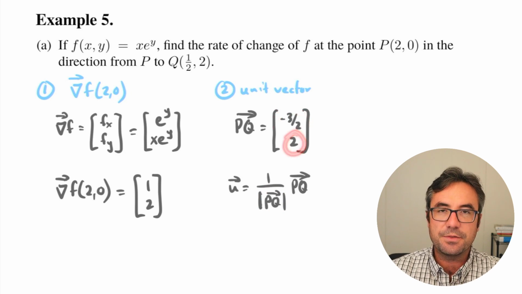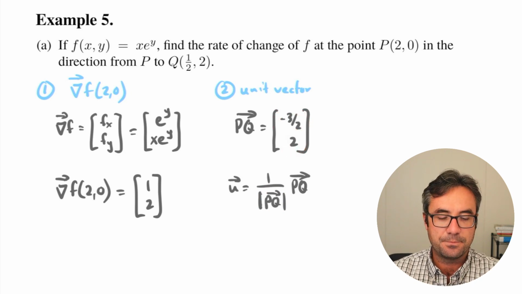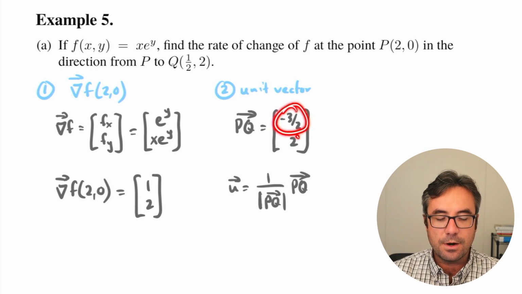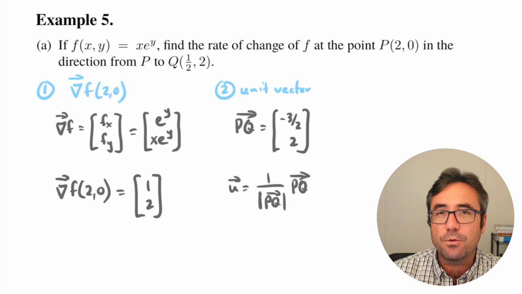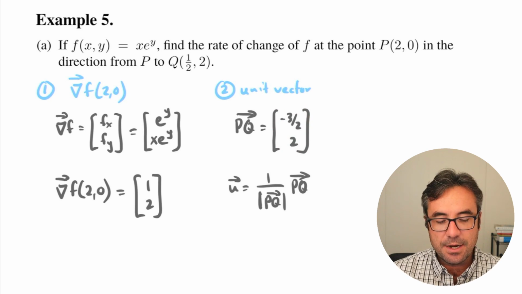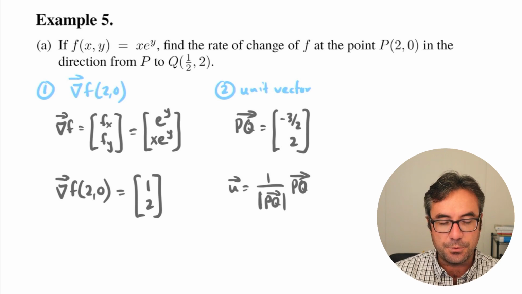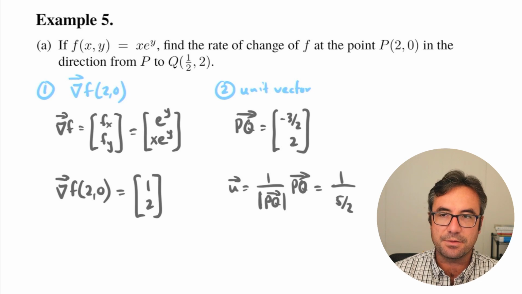And if we square the second component, we get 4. We want to add these together. So we have 9 over 4. Let's write that other one as 16 over 4. So we end up with the square root of 25 over 4 as the length. 9 plus 16 is 25. And that ends up just being 5 over 2. So we end up with 5 over 2 as our length.